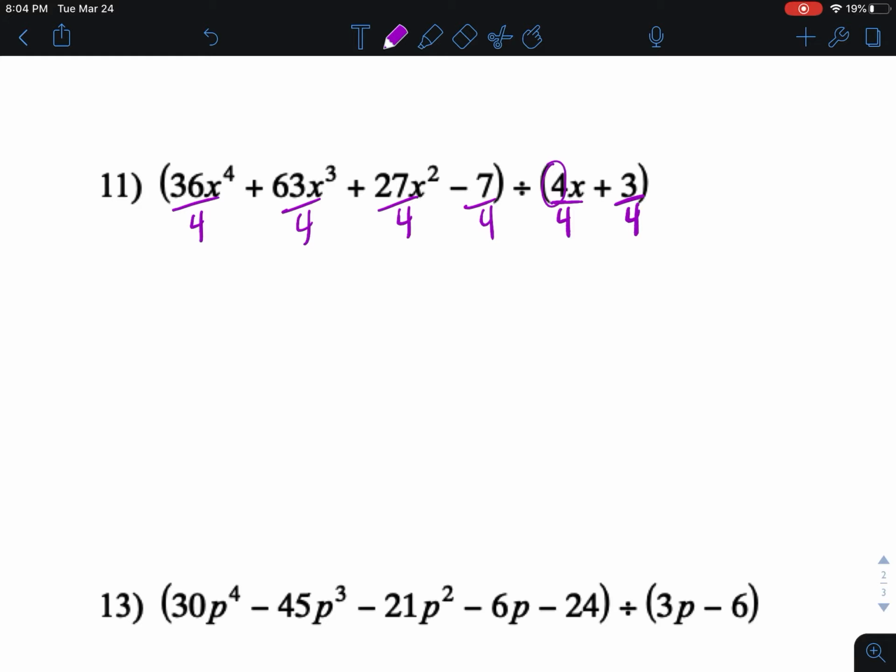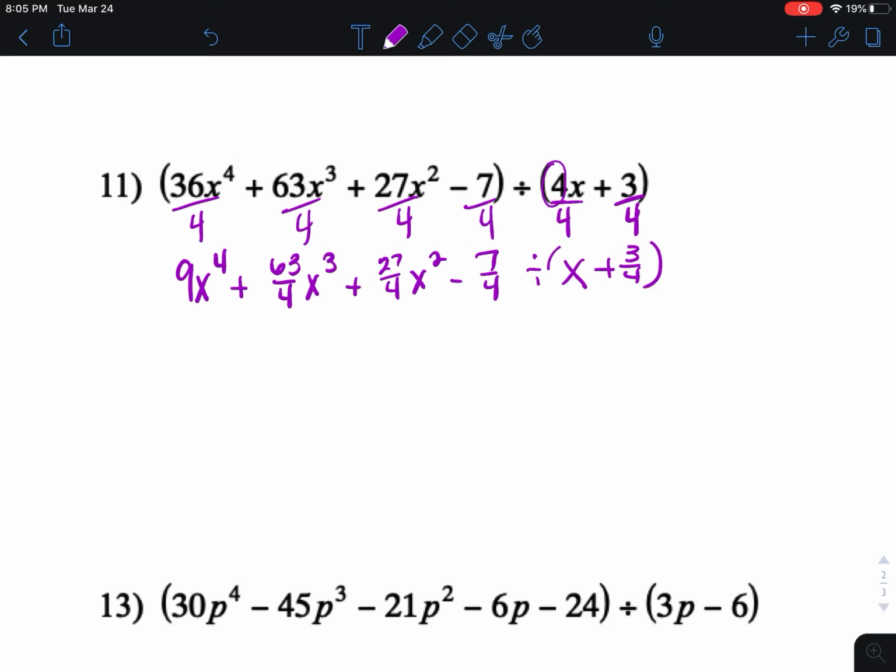So 36 divided by 4 gives me 9x to the 4th plus 63 over 4 x cubed plus 27 over 4 x squared minus 7 over 4. And then we're taking that divided by x plus 3/4.